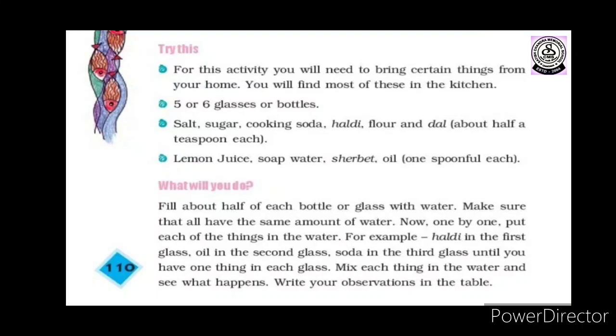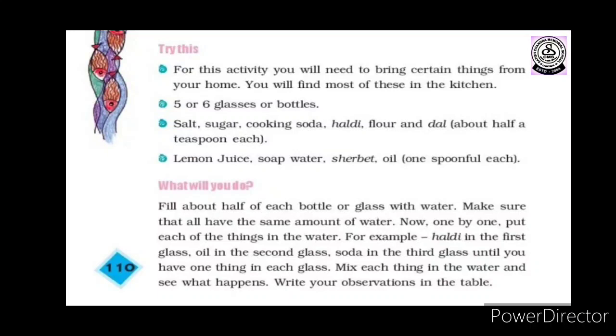These are the things you can take, a spoonful each. You should arrange these things from your kitchen. You can ask your parents or mother, they can provide you these things. These are easily available.